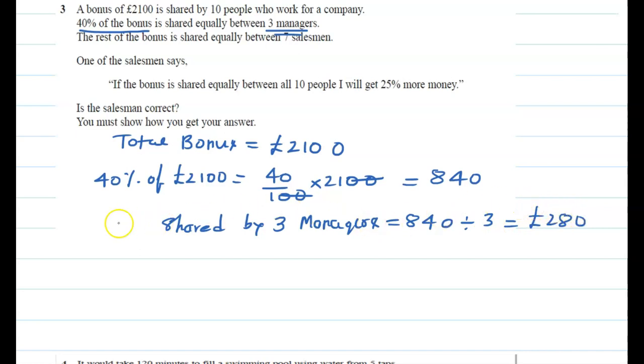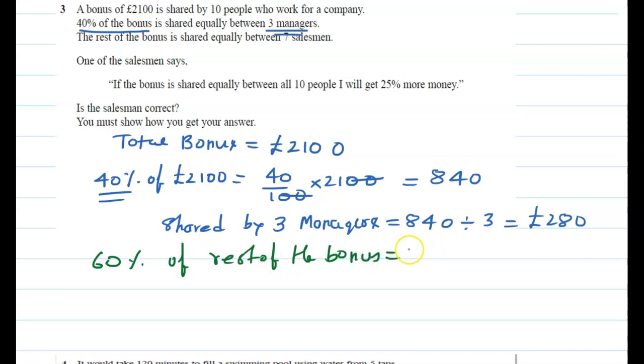Now what is left? 40% is already gone, so what is left is 60%. The rest of the bonus is 2100 minus 840, because 840 is already gone.